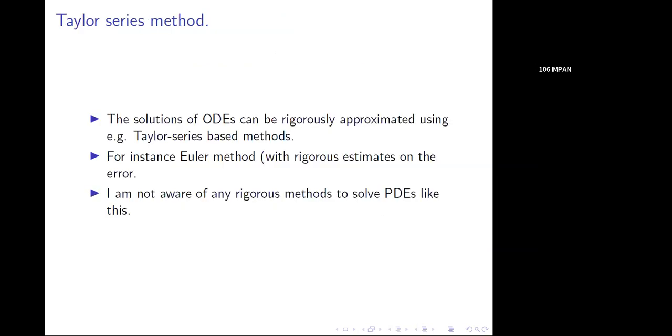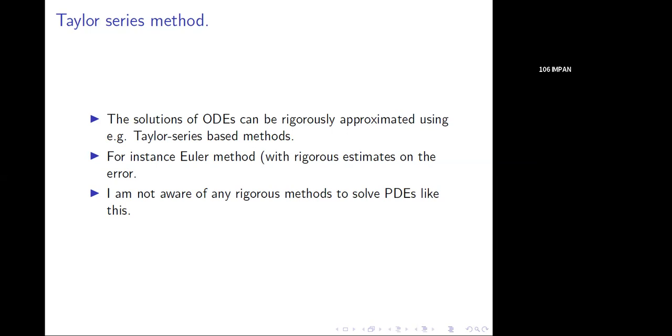So I just wanted to mention very quickly, it's a big topic, how to approximate the solution of ordinary differential equations rigorously. What we are essentially doing is using Taylor series methods. The simpler one is the Euler method, because we have the remainder term, which gives us an upper bound of the error we are making.